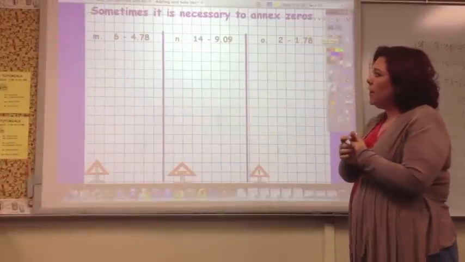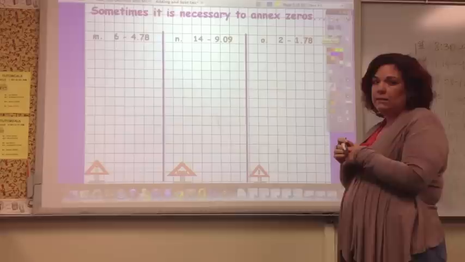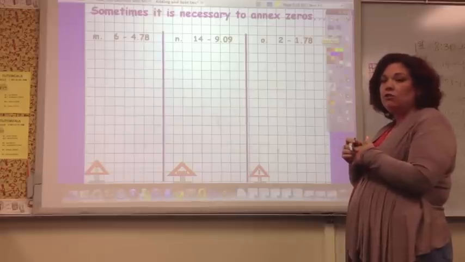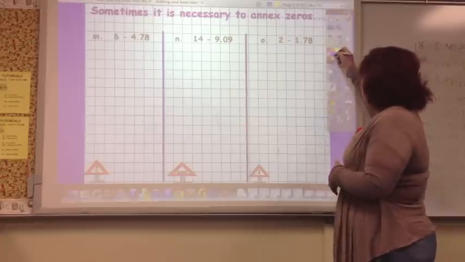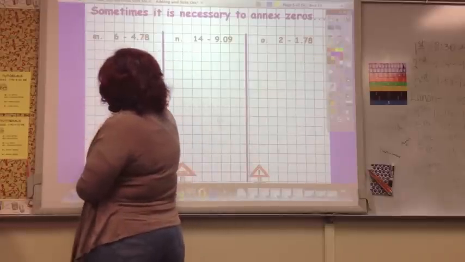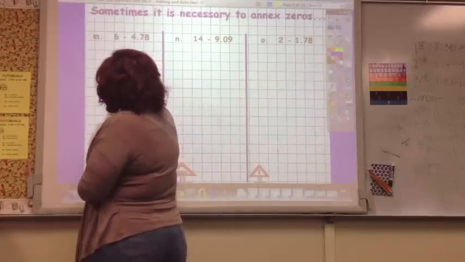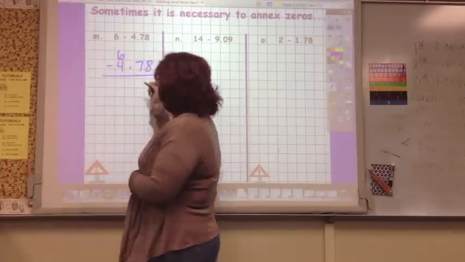Okay, so sometimes it's necessary to annex zeros. We mentioned annexing zeros is adding zeros that don't change the value of the number, but change the way it appears. So here, we've got 6 wholes minus 4 and 78/100ths.